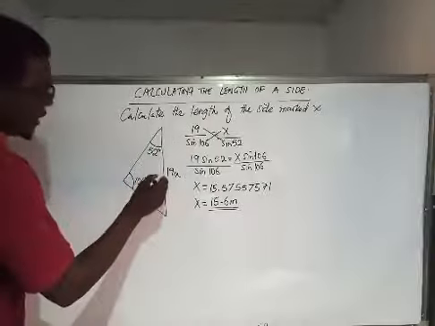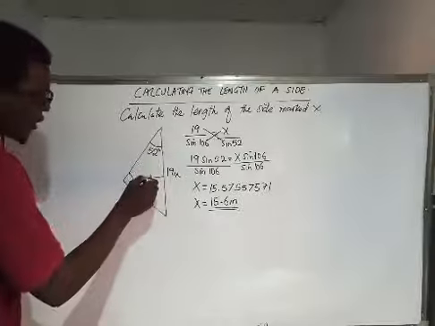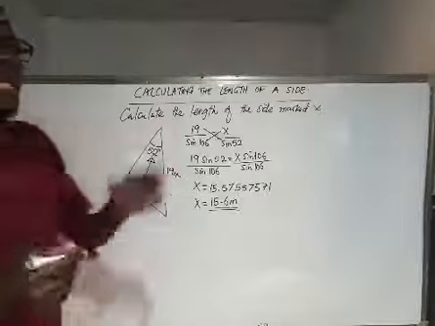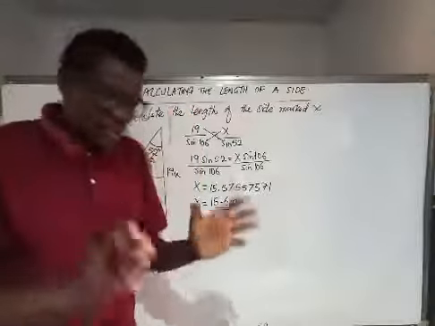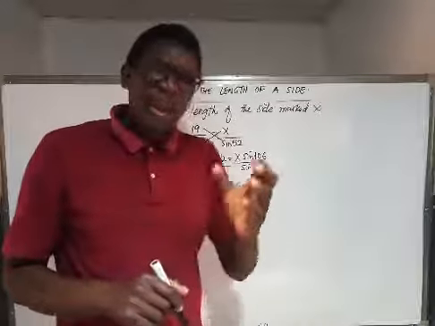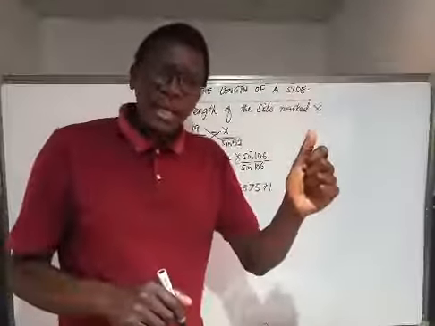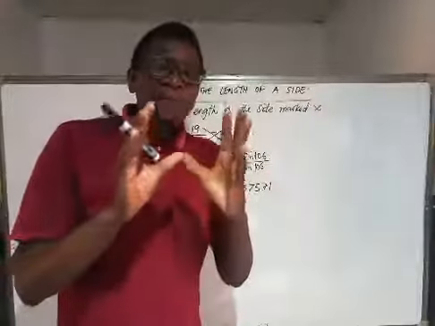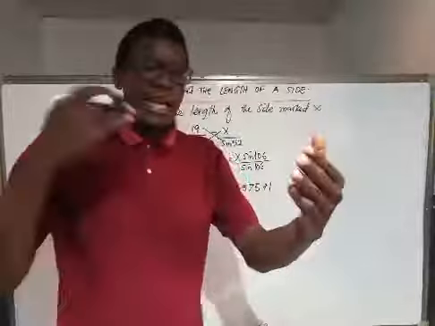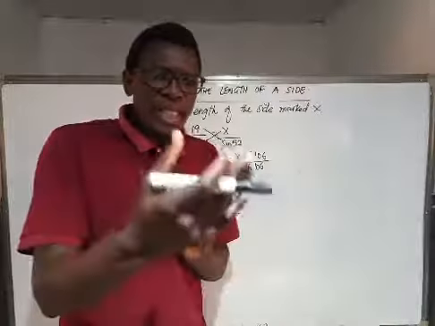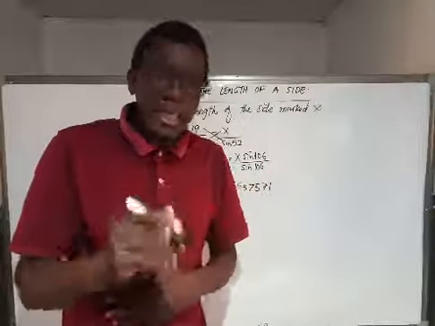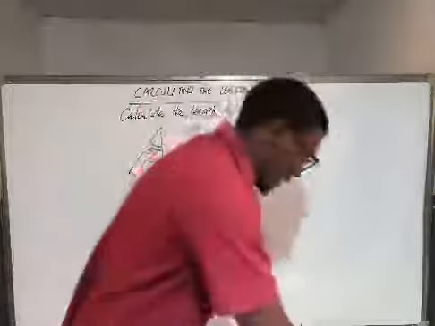As you can see, this side is corresponding with this angle, and this side is corresponding with this angle. Whenever you find such a situation, a non-right angle triangle, and you are asked to find a missing side or an angle, and the triangle shows that each side and an angle are corresponding, just know that you are dealing with sine rule.